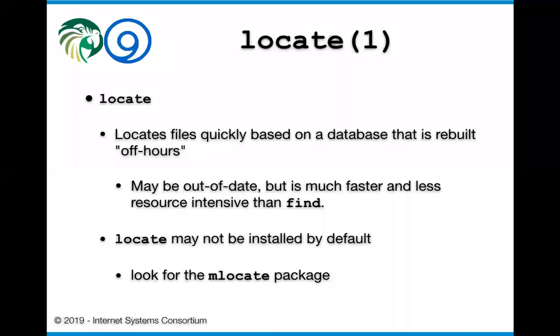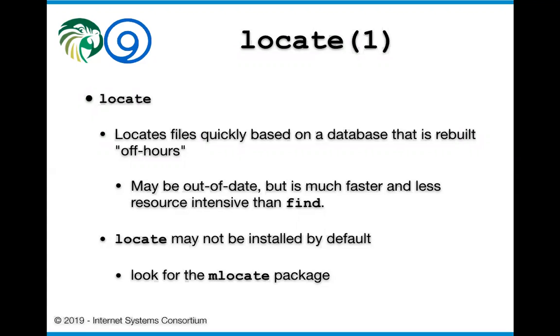In addition, locate may not be installed by default. I'm an old school Unix guy, and I'll tell you that locate was part of the BSD distribution way back in the early days, and I was really surprised to discover that I installed CentOS and I did a locate file name and it didn't find it, or maybe it was Debian, or maybe it was Ubuntu.